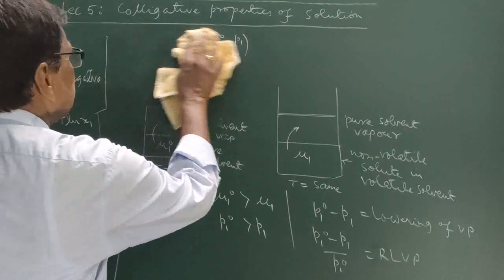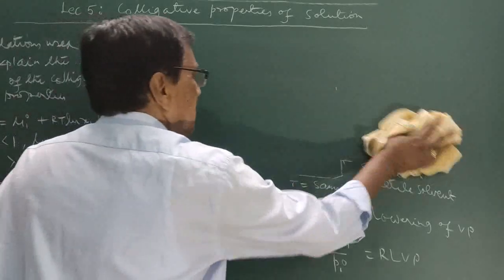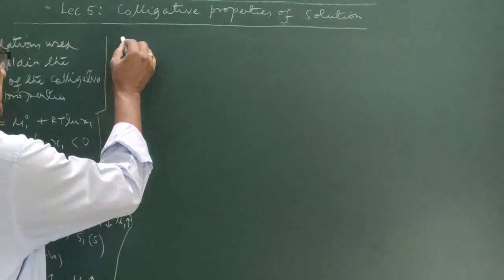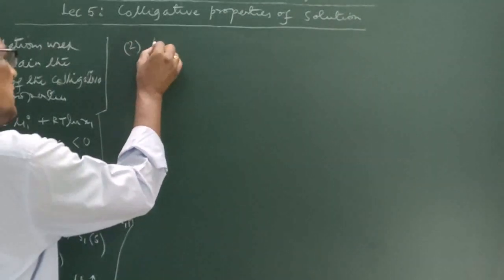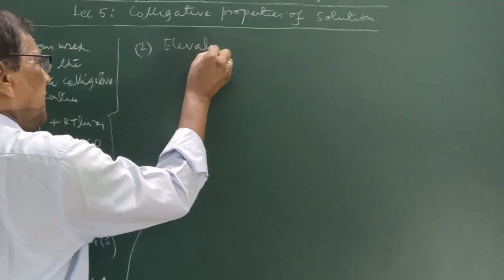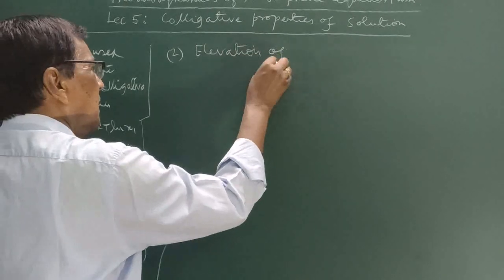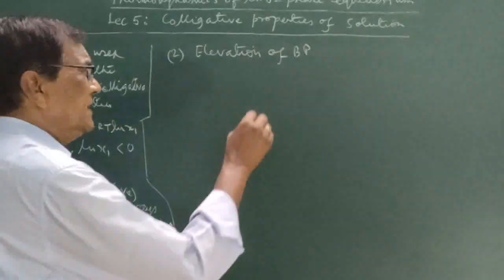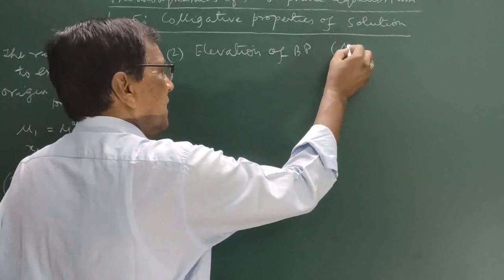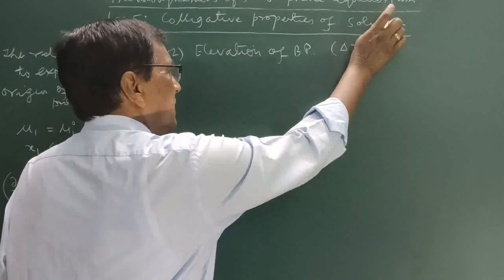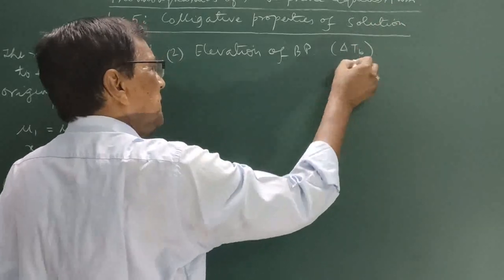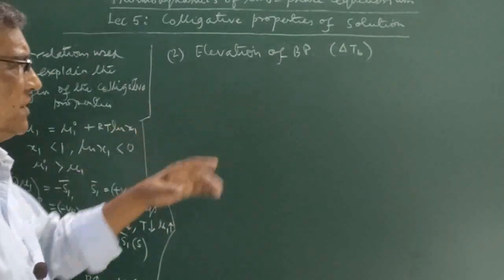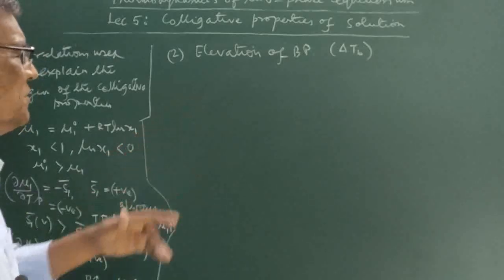The second colligative property is the elevation of boiling point of this solution, and it is denoted by del T B. B means boiling, and del is the difference in temperature for the boiling point in the case of the solution.